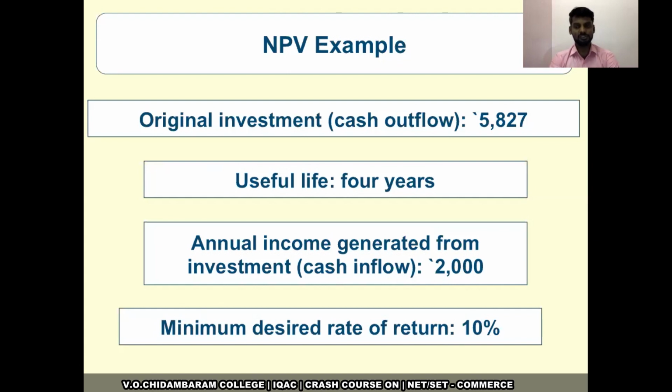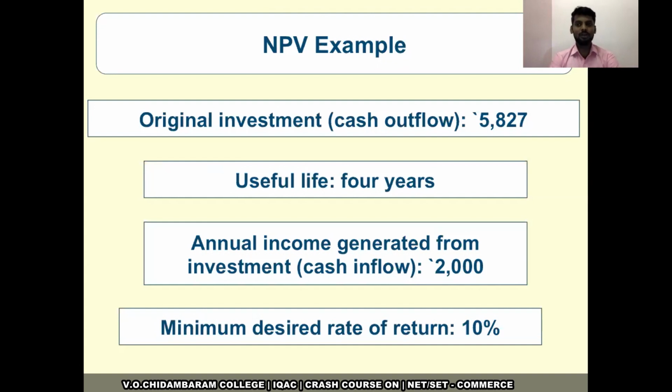The useful life of the investment is 4 years. Each year it is going to give me 2,000 rupees as a return.